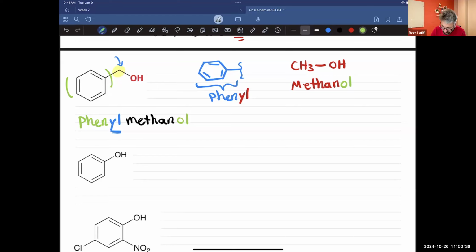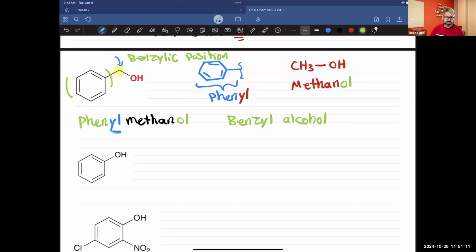That position, we call it the benzylic position. The carbon that's attached to the ring is going to be a benzylic carbon. So you can call this one also benzyl alcohol. Okay, benzyl alcohol. That means OH attached to a benzylic carbon.